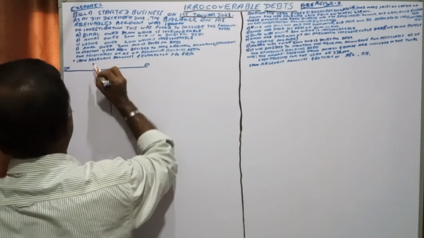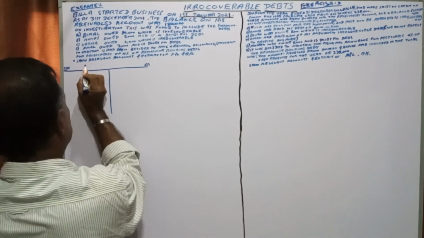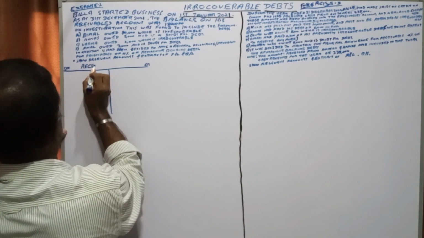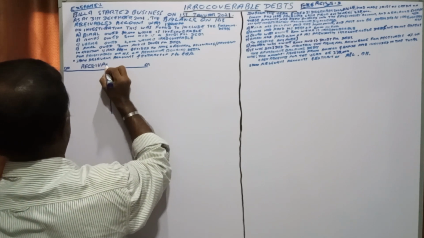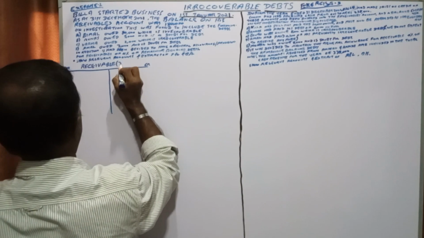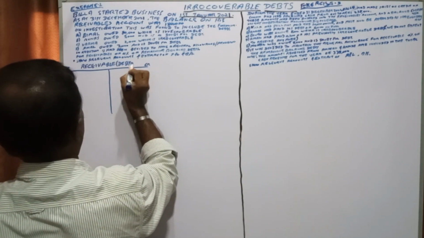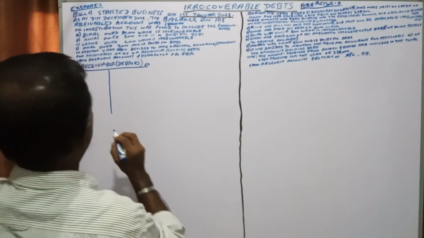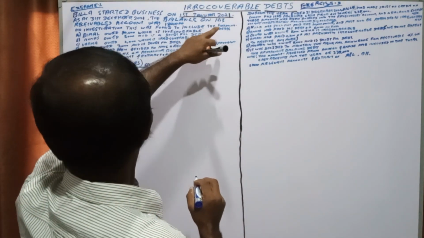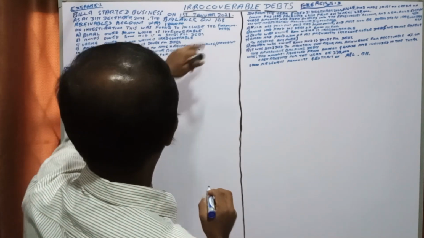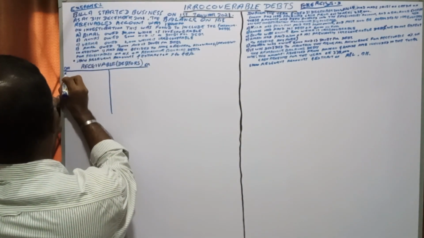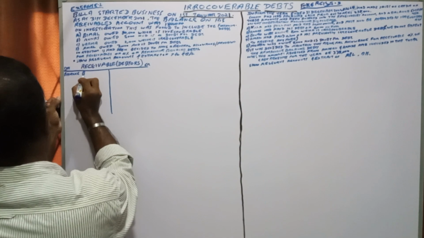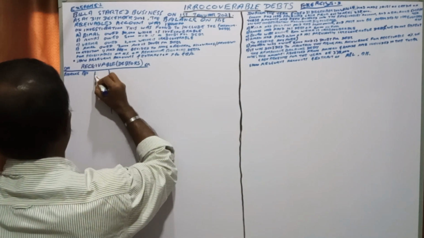The balance on 31st of December on the receivable account was 180,000, balance brought forward 180,000.